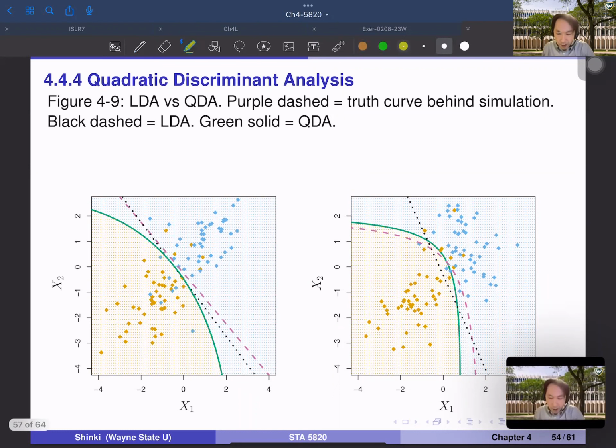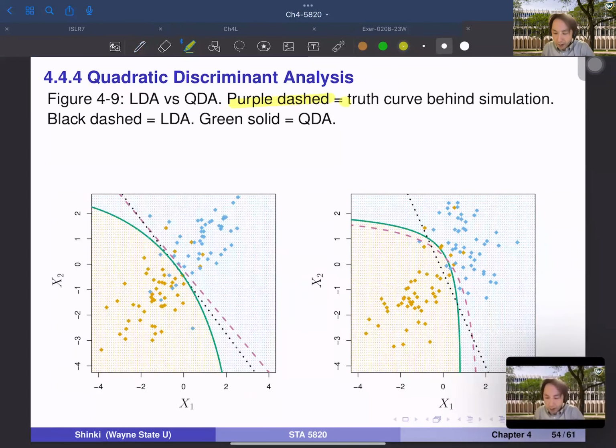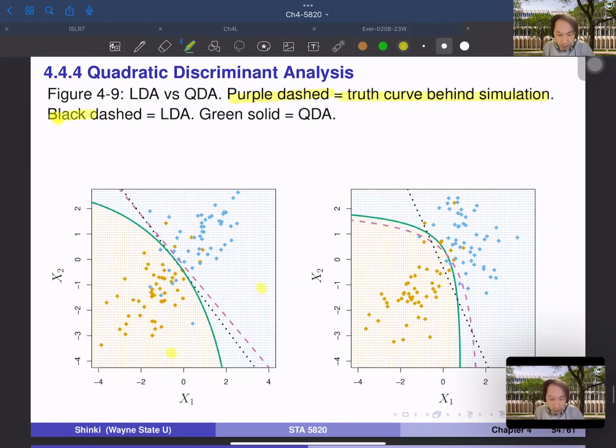This is a simulation study, and the purple dashed line is the true curve behind the simulation. So this is the true boundary between the orange class and the blue class. The black dashed line is the boundary estimated by LDA, and the green solid line is the boundary estimated by QDA. Which is better?